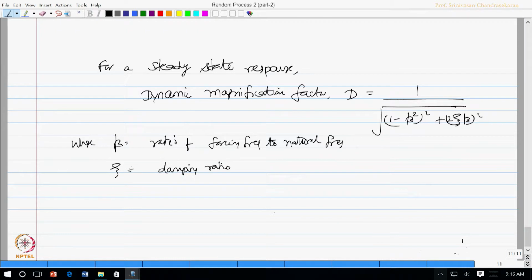It is a standard expression in structural dynamics.